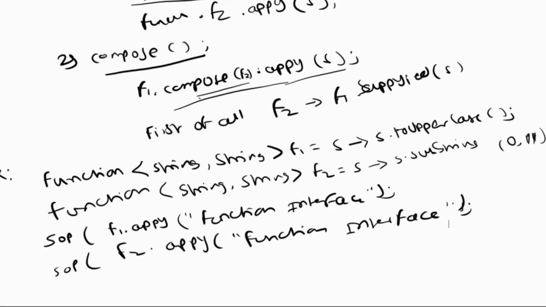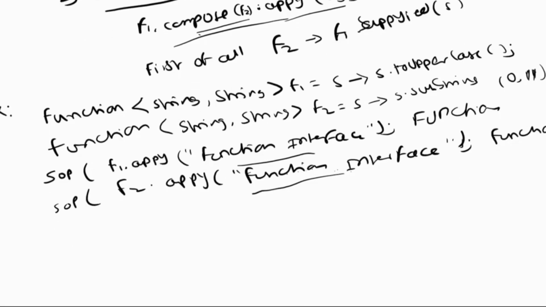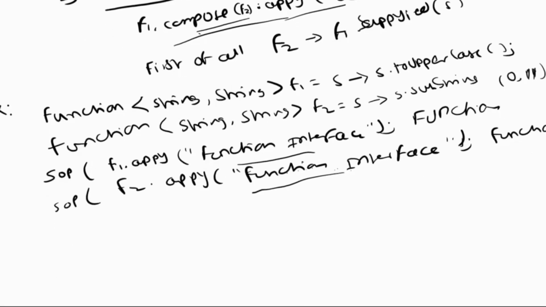What will it give us? It will convert this functional interface string to uppercase and return it. And now in this case, what will happen? 0, 1, 2, 3, 4, 5, 6, 7, up to 11, right? So it will return the output till this one, functional and one space.